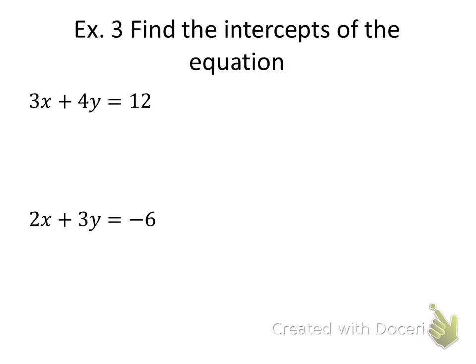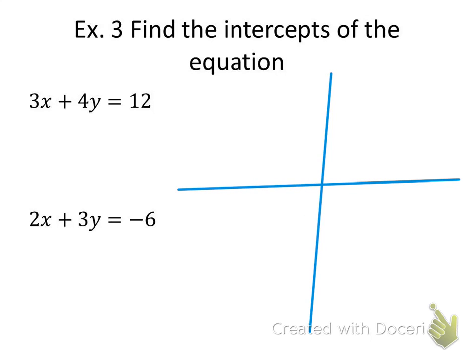Example 3. Find the intercepts of the equation. An intercept on a graph, if I were to have a graph that looks like this, this is my X axis, this is my Y. If I were to have a line that went through it, where the line crosses the x-axis is my x-intercept, and where the line crosses my y-axis is my y-intercept.